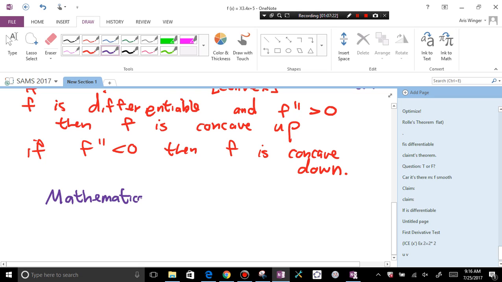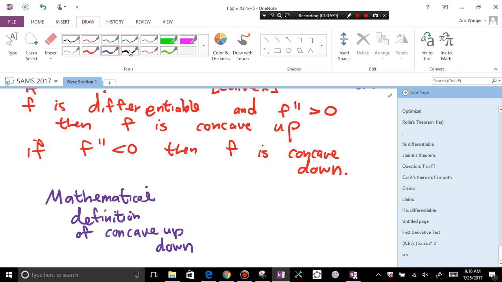Here's the mathematical definition of concave up or down. So the street version in calculus is that a function is concave up if it looks like a U, right? Concave down if it looks like an upside down U. How do we say that in general, right? But in calculus, things need to be smooth.